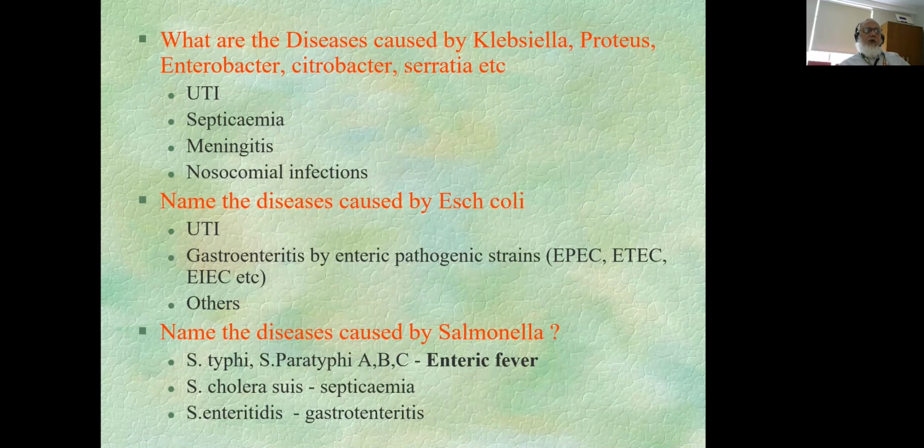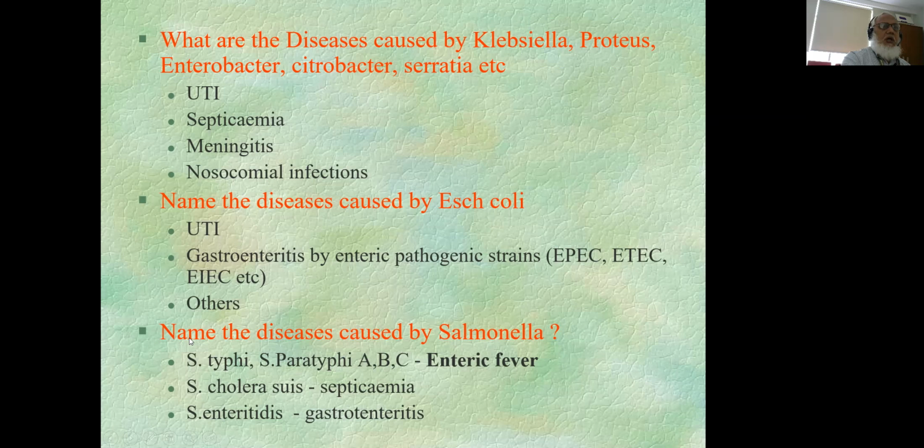Let us discuss those members of Enterobacteriaceae which cause extraintestinal infection, especially Klebsiella, Proteus, Enterobacter, Citrobacter, Serratia, etc. All of them cause urinary tract infection, septicemia, meningitis, and nosocomial infection.